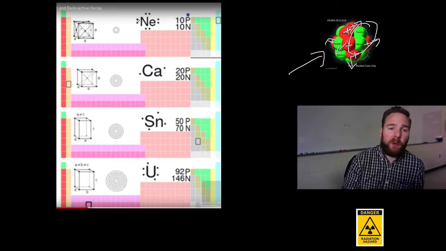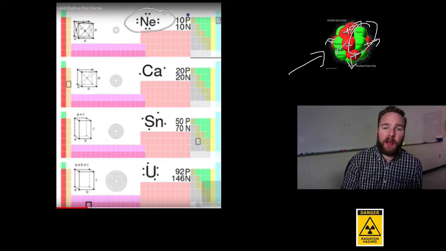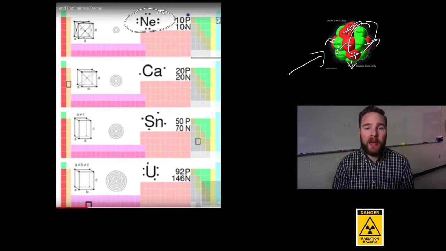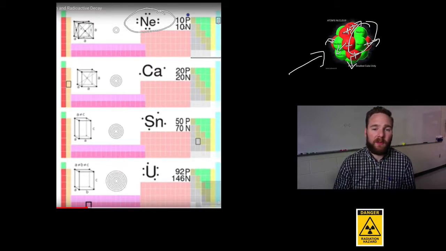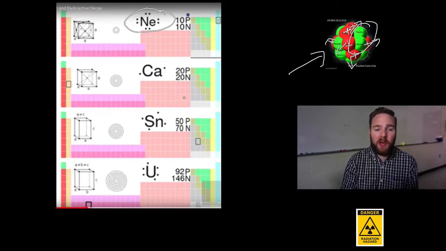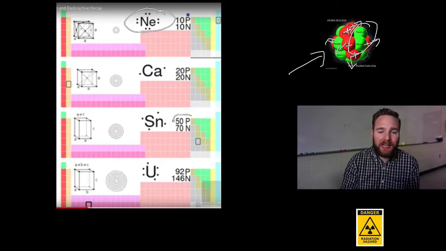So look over here at the periodic table. We can start with neon. Neon's right here on the periodic table. Starting low, we see that the number of protons and neutrons are about the same in an atom. Calcium even, 20 protons, 20 neutrons. But what happens when we start getting a larger number of protons, like 50 protons?